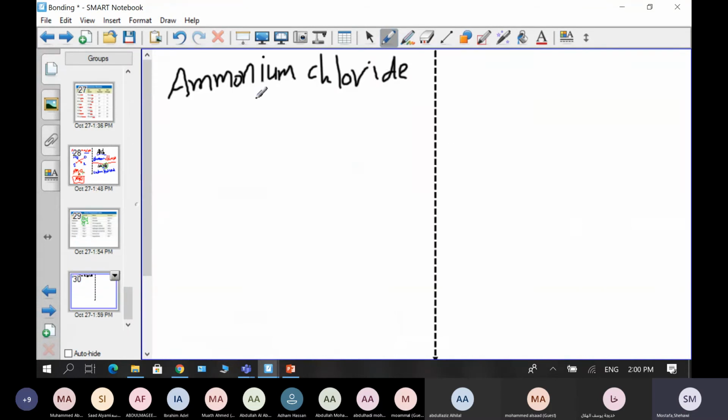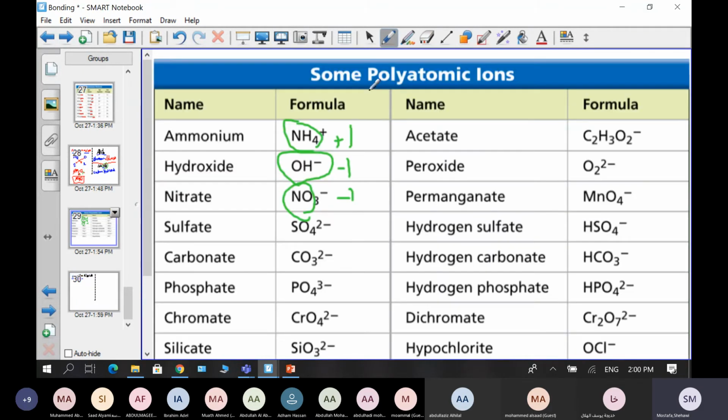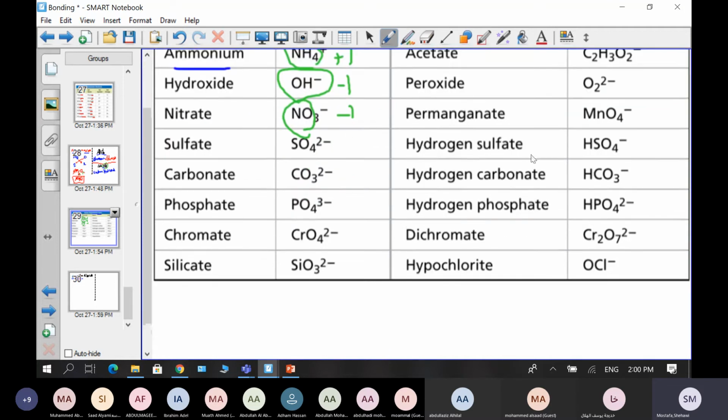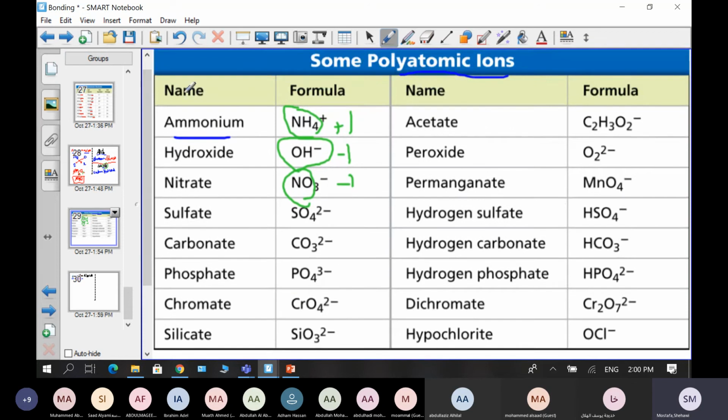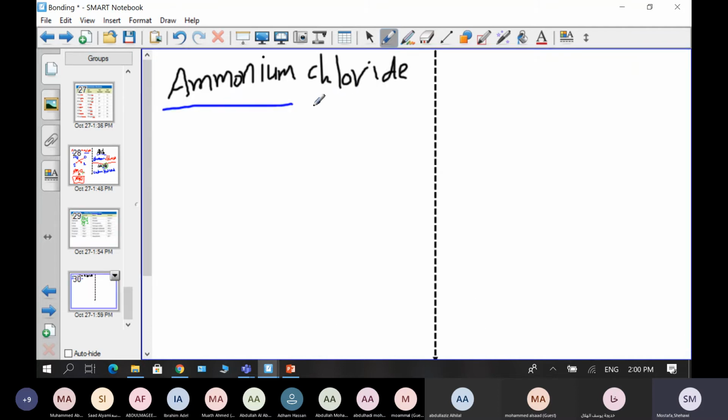Because it's positive, we type it first, as you see, ammonium. It's not a metal, but it's a polyatomic ion. Ammonium is the only polyatomic ion that has a positive charge, and the only one that's written in the beginning, like ammonium chloride.